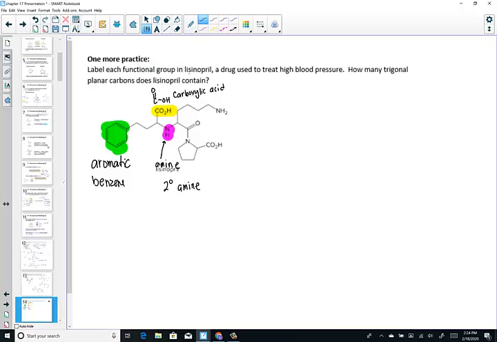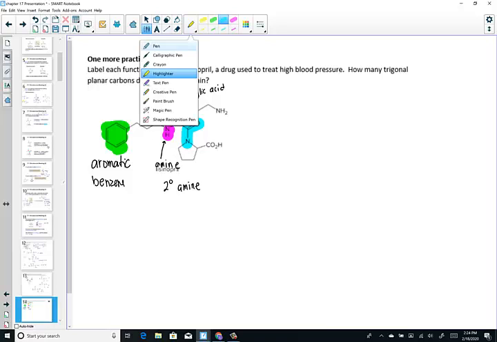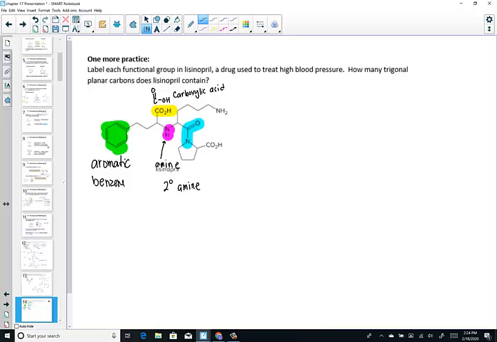Now how about blue? Here's an interesting spot. A nitrogen directly next door to a carbonyl carbon. This is an amide functional group. The nitrogen is attached to 3 other carbons, so this is actually a tertiary amide.